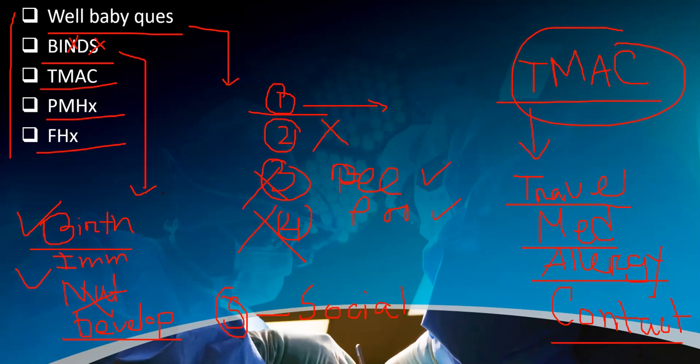Then the infectious causes: UTI, which I already asked, then pneumonia, otitis media, meningitis. Then I will ask well baby, BINDS, TMAC, past medical history, family history. Remember, once you adapt to this format, it becomes much easier to ask any pediatric question.